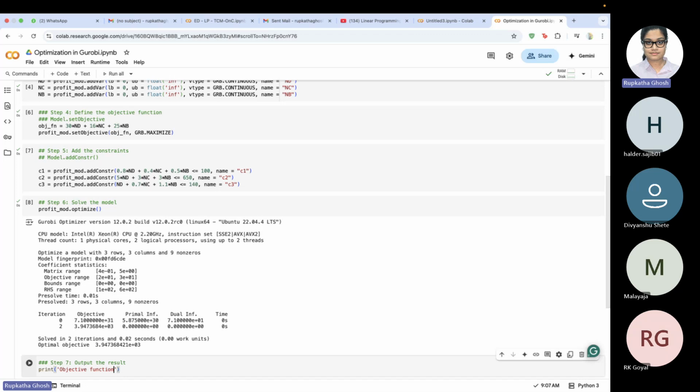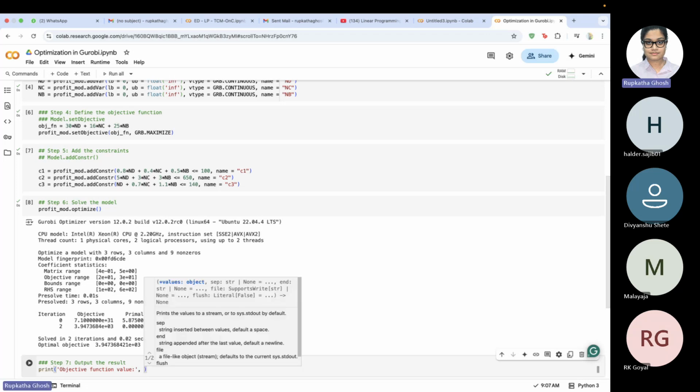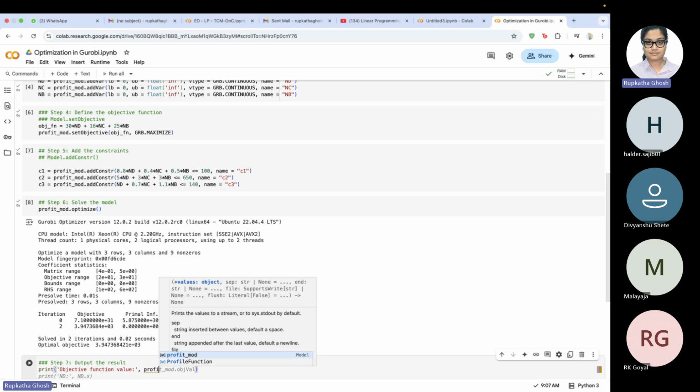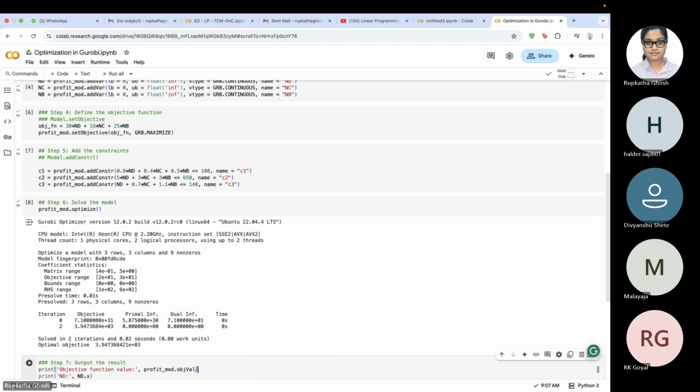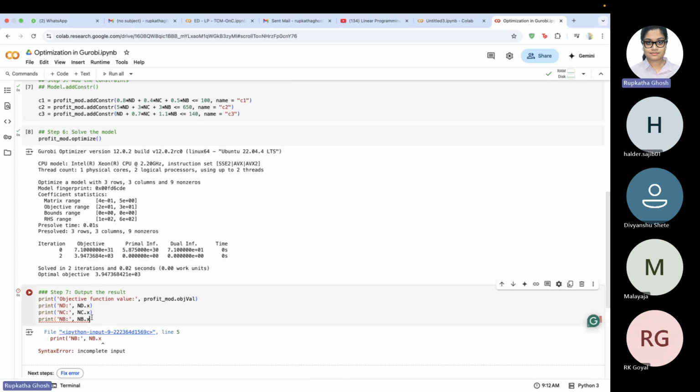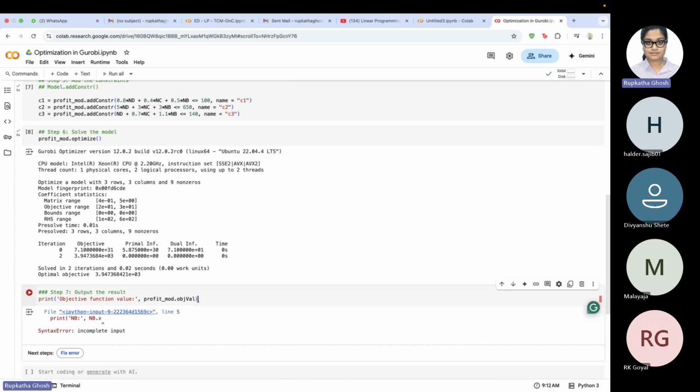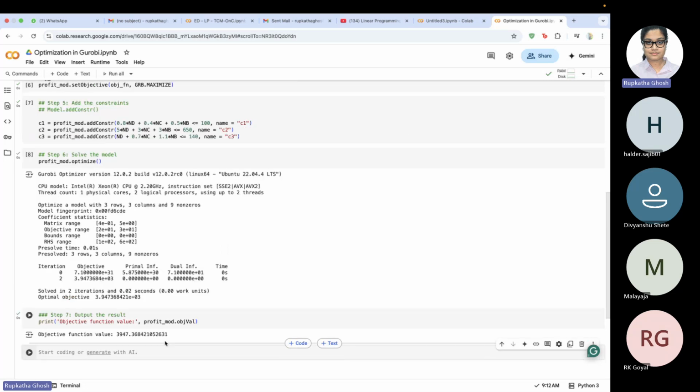objective function value, that is basically profit mod dot obj val. Now you're getting your objective function value.